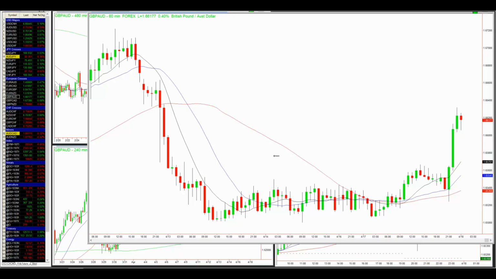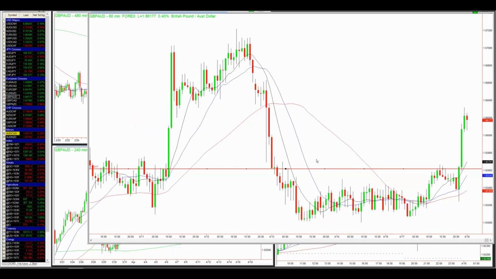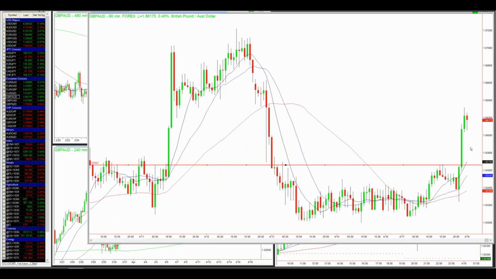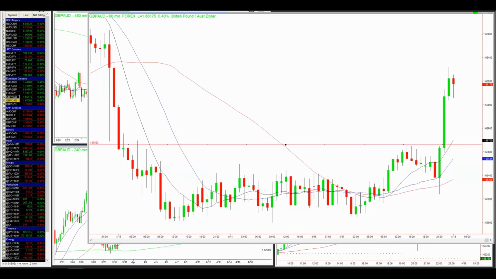On the GBP AUD 1 hour chart, the price has also broken through a major resistance level around 1.6560 ish. Similarly, if I draw a Fibonacci retracement line from the low to the high, this is also a 61.8% retracement.